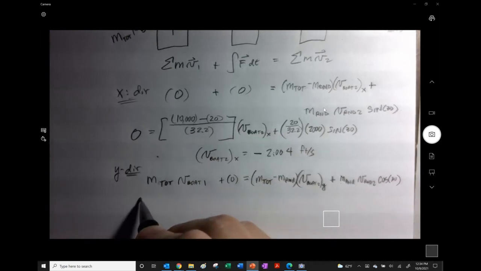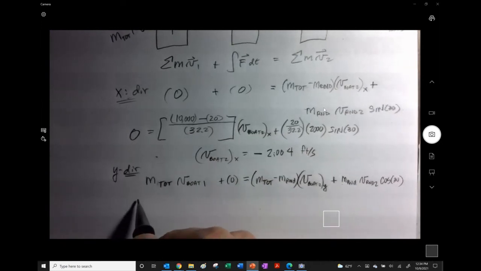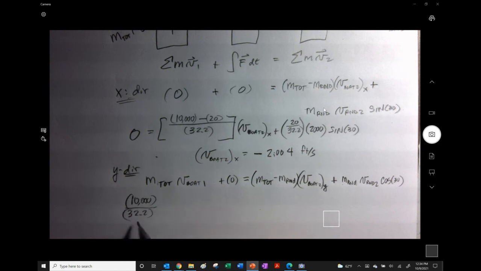So we take our, and once again, I think all these 32.2s will cancel out, but we have the 10,000 divided by the 32.2. Velocity of the boat initially is 30 feet per second, right?